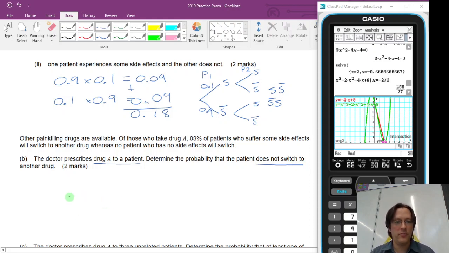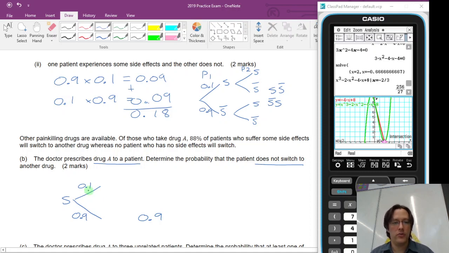So patient, we start here. For those who take, so first up, what's the probability of side effects? It could be 0.1 for side effects, 0.9 for not. Now, if they get to here, they're not going to switch to another drug. That's 0.9.